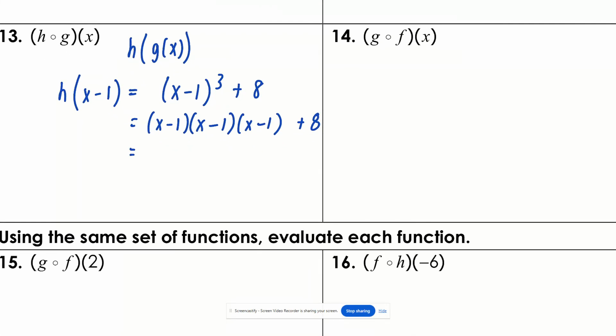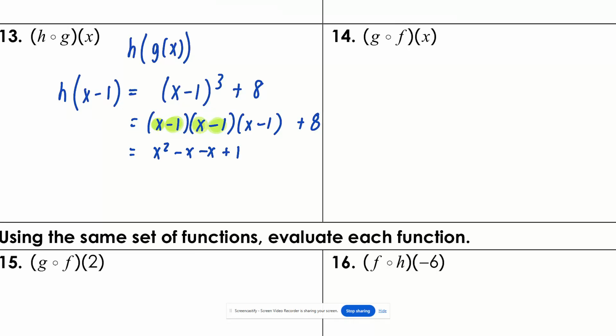I got to do x times x, that's x squared. I got to do x times negative 1, that's negative x. But then I also have to distribute negative 1 times x, that's another negative x. And then I got to distribute negative 1 times negative 1. That's positive 1. Now that's just these two, okay?